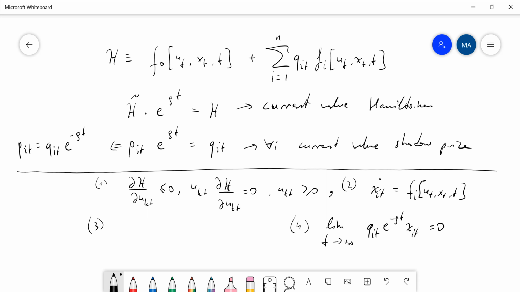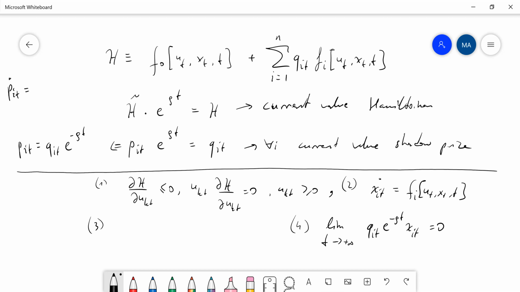Now, the costate equation becomes what? Now, pi_it dot becomes what? How do you write that? It is the product rule.